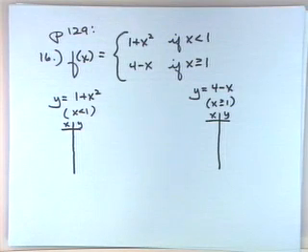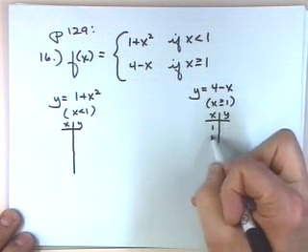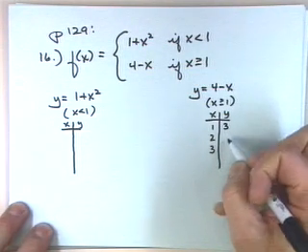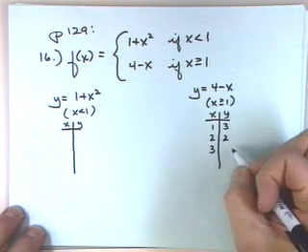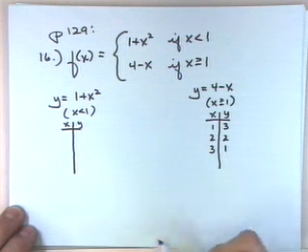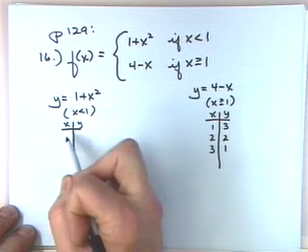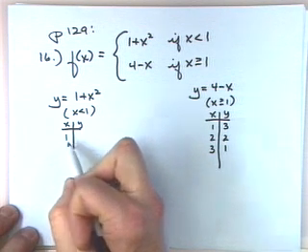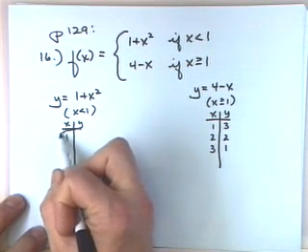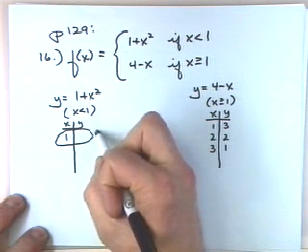So let's start over here. Since x can be 1 or anything larger, if x is allowed to be 1, which is legal, what's the corresponding y value? 3. If x were 2, 2. And if x were 3, 1, just linear, right? That's the linear piece over there to the right. Over here, I know we're not supposed to let x be 1. I'm going to go ahead and fudge on that a little bit and say I'm going to let x be 1, but then I'm going to come back and delete that point.